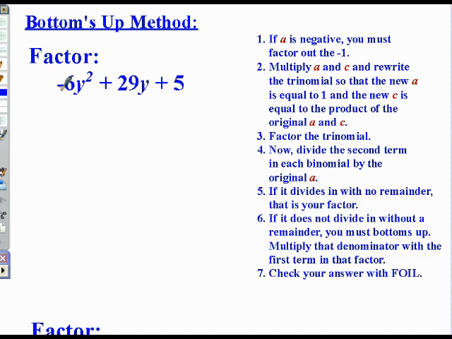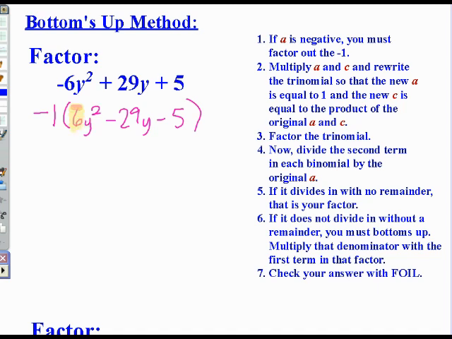So I have to factor out the negative, but nothing else factors out. So factor out negative 1, we get 6y squared minus 29y minus 5. All right, now, we don't want to work with a trinomial whose a value is not positive 1.